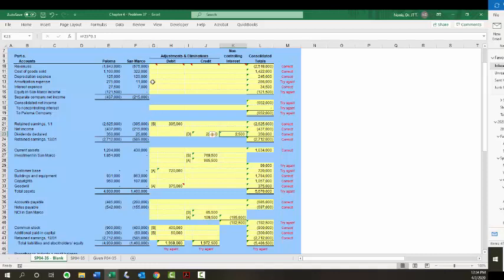The I entry is the same as what we did before. So the I entry is removing the 121,500, removing the I. Oh, hold on. We needed a D entry here. And the I entry.